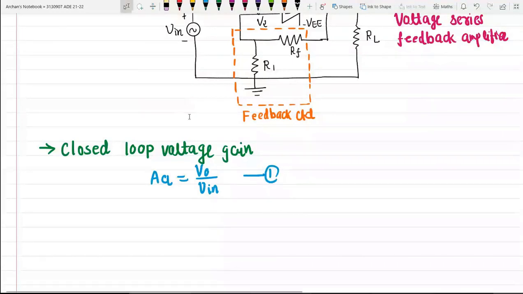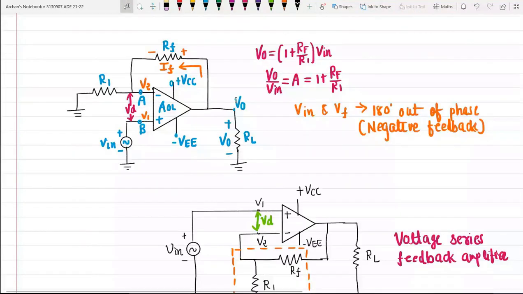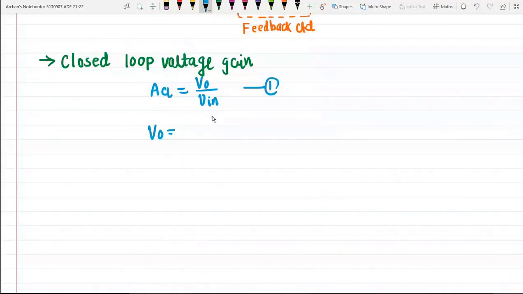Now talking about the output voltage V0. Output voltage V0 is nothing but AOL times the difference voltage, that is VD. So we have this equation: V0 is equal to AOL times VD. What is VD?